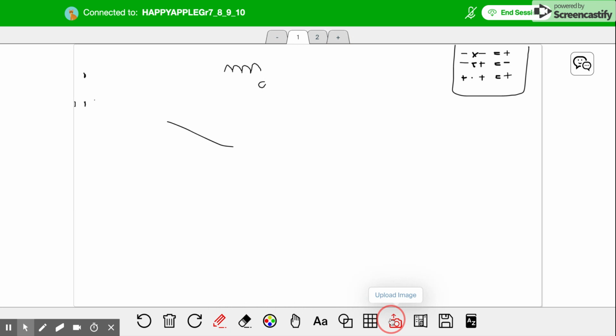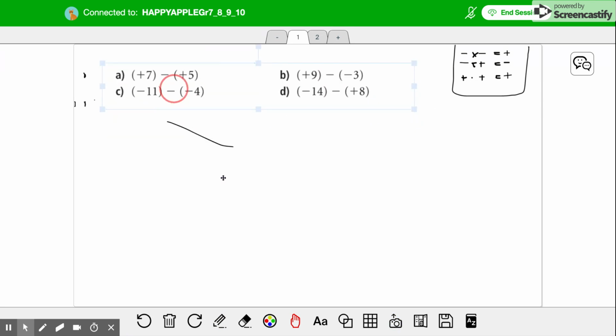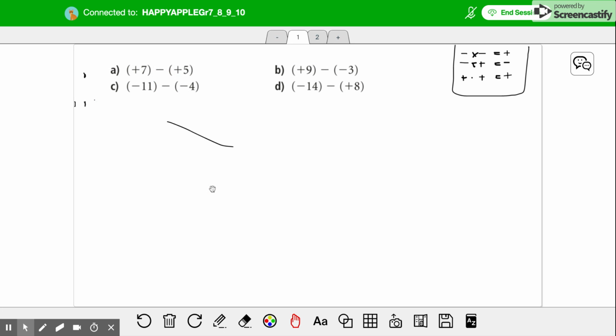Put them up. So this is another one. So plus 7 minus. Okay. So can I see if I could do this one? Yes, you may. Okay, thank you.